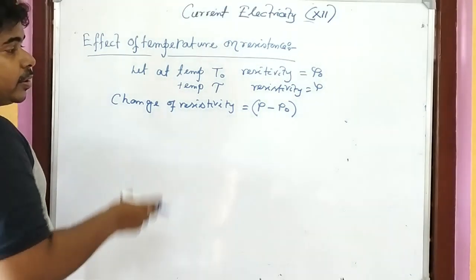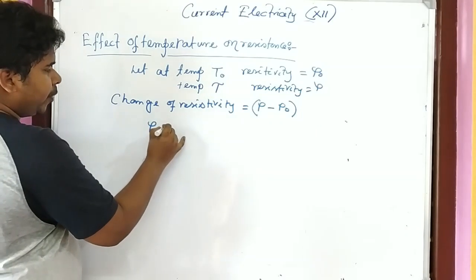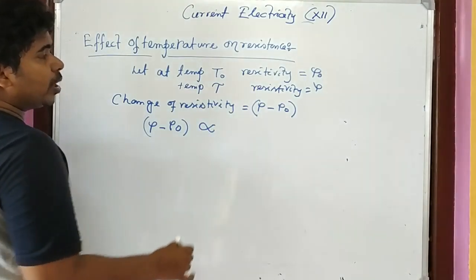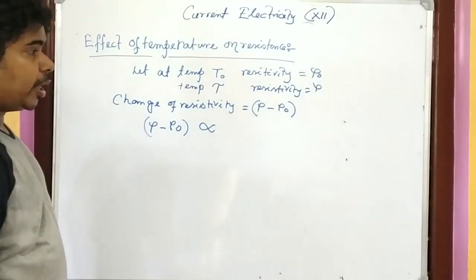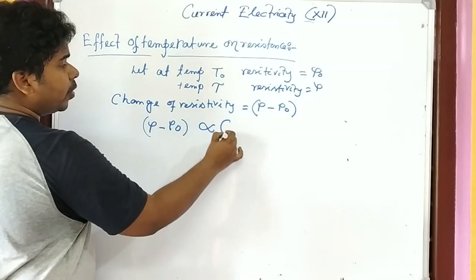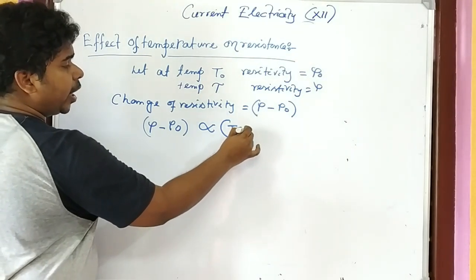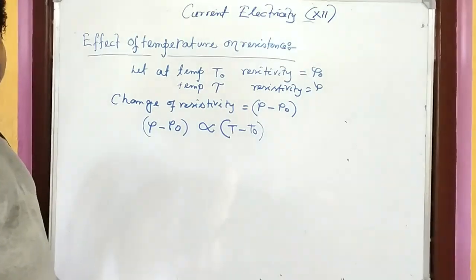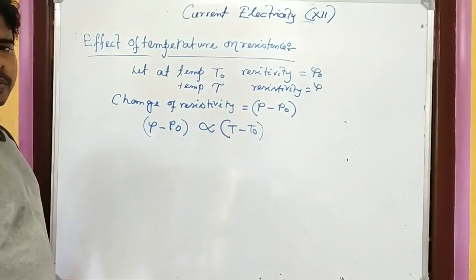It is told that this change of resistivity is directly proportional to the temperature change. Temperature change means how much temperature you have changed. Final temperature is T and initial temperature is T0, so T minus T0.